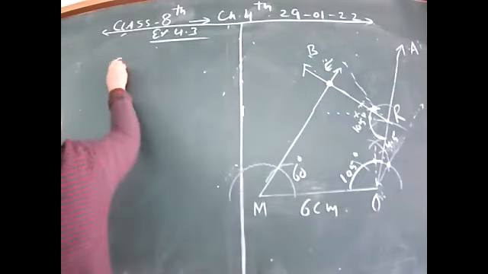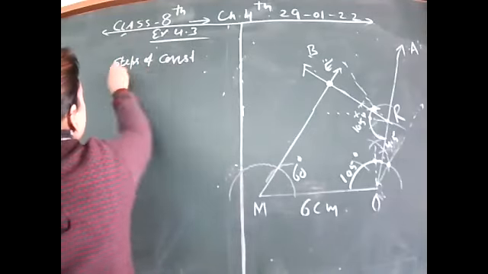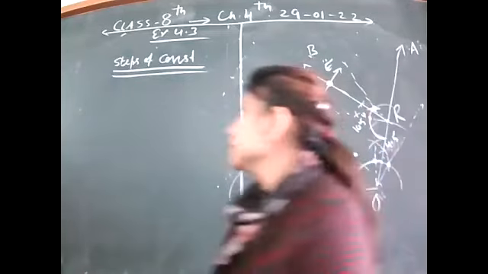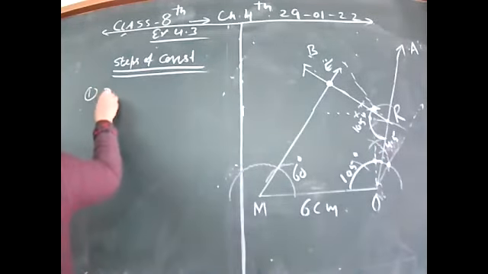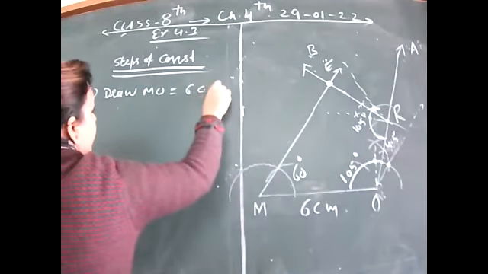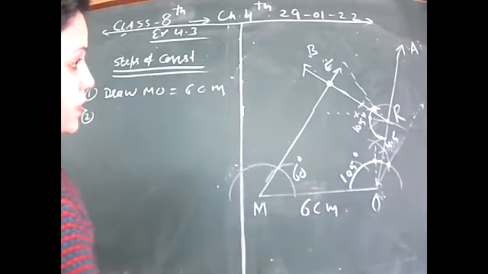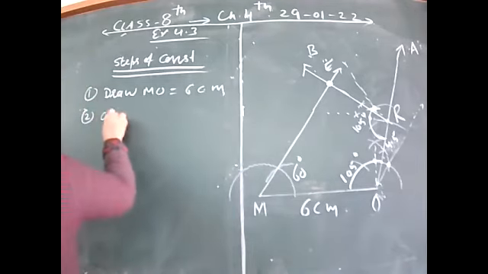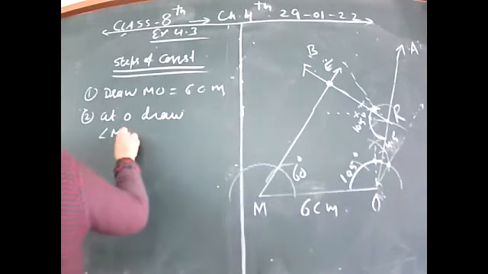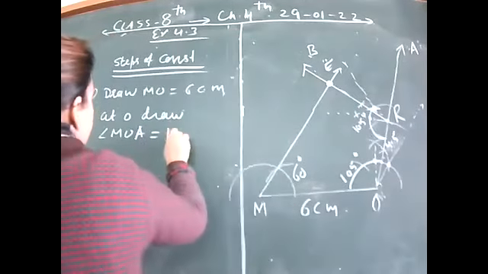एक-एक के मैं लिखवा देती हूँ, steps of construction. Write the first step. Draw MO is equal to 6 centimeter. Second, at O, draw angle MOA, ये A, equal to 105 degree.